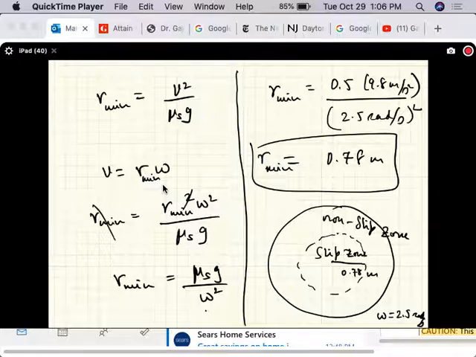So he's right. So this is the non-slip zone, and this is the slip zone. That would make the R minimum R maximum, right? Yeah, so we'll call that R max.